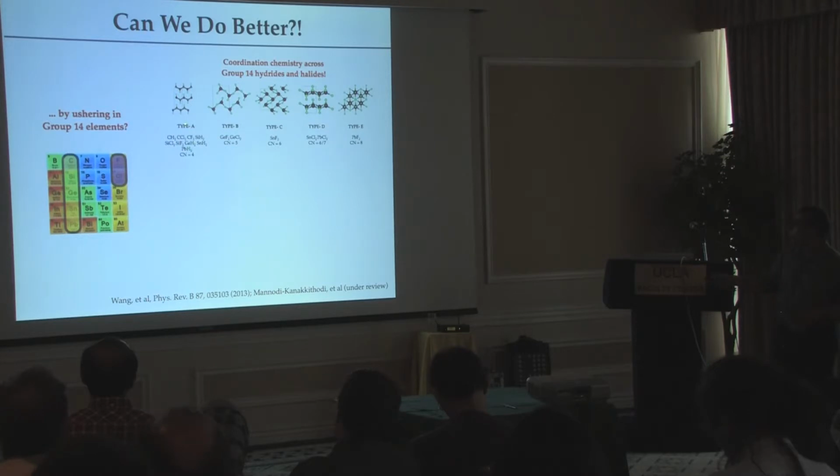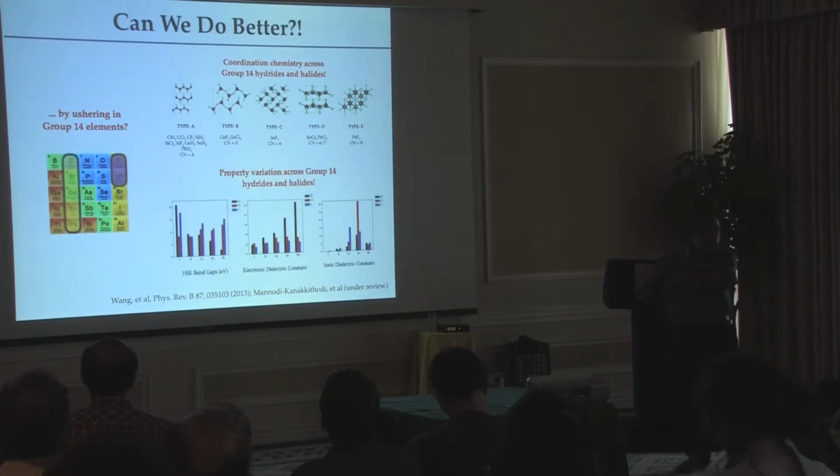For example, carbon, silicon, germanium, tin, lead, all of them, as hydrides or chlorides: for some of them involving carbon, coordination number is 4. So you can go all the way from coordination number of 4 to coordination number of 8 in lead fluoride, and in between, depending on what you are looking at.